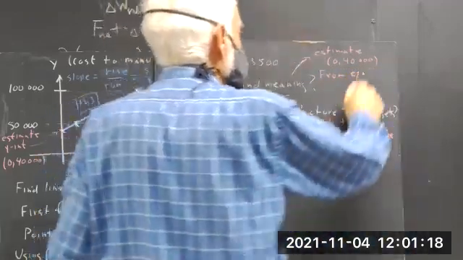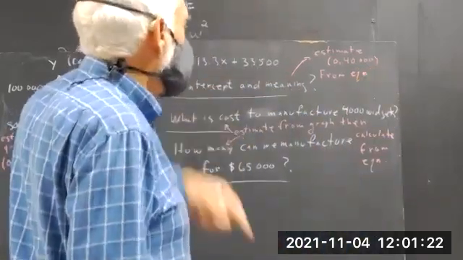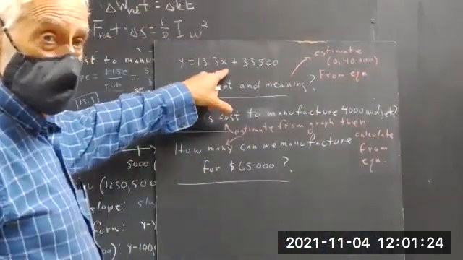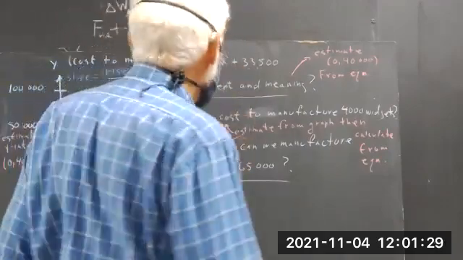Now from the equation, the y-intercept occurs when x is 0. If x is 0, y would be 33,500.